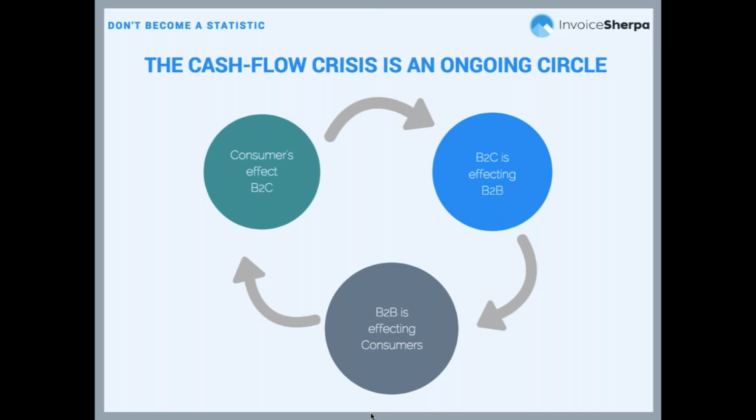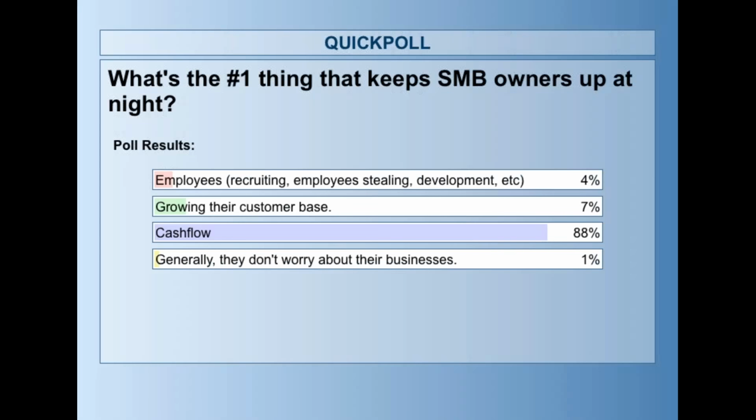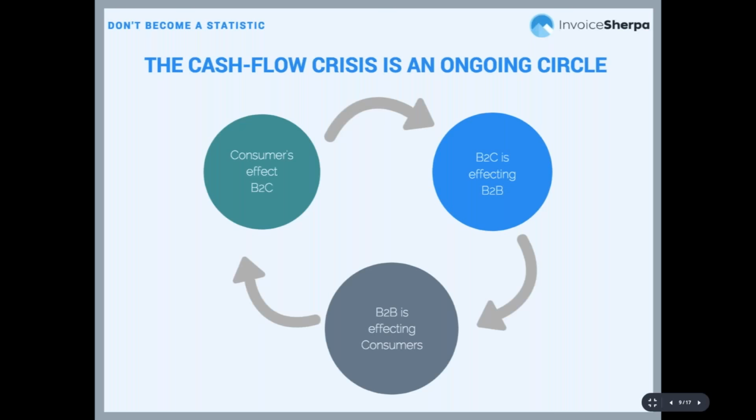Cash flow is a generic term that everybody uses very loosely. Even 88% of you answered that cash flow is one thing you worry about. But cash flow means different things to different people. DSO is a term that means the same thing to every single person, which is an actual measurement of cash flow.